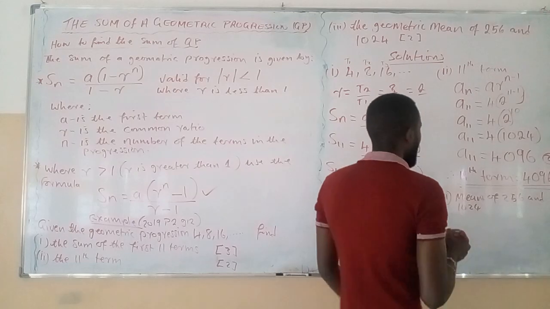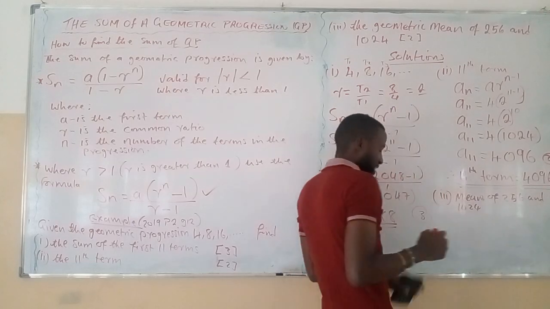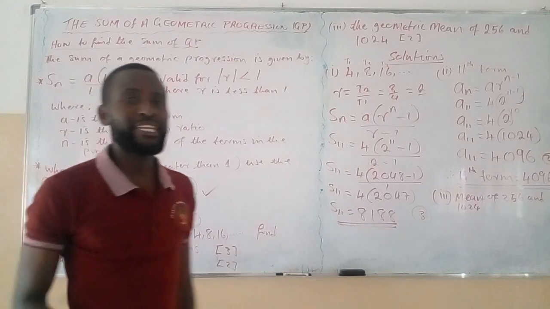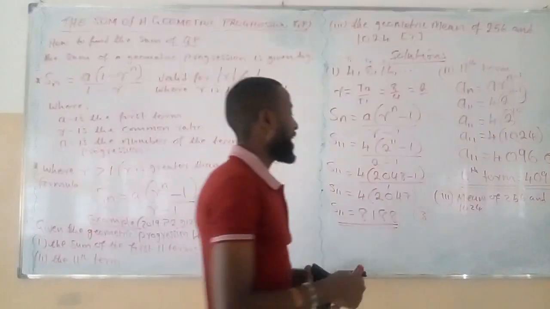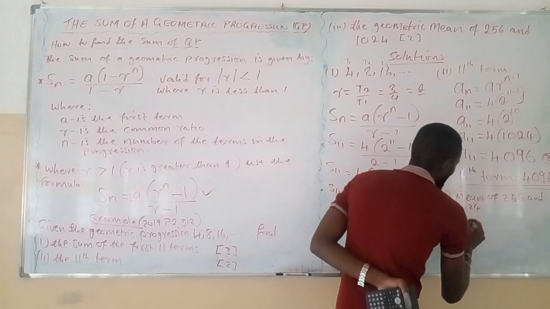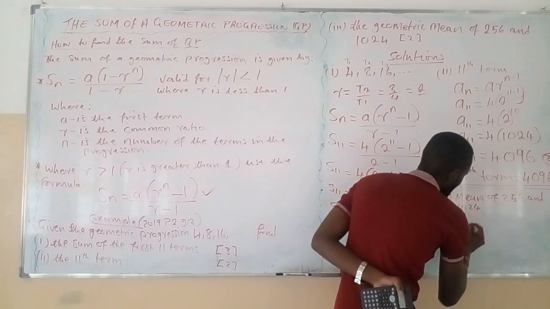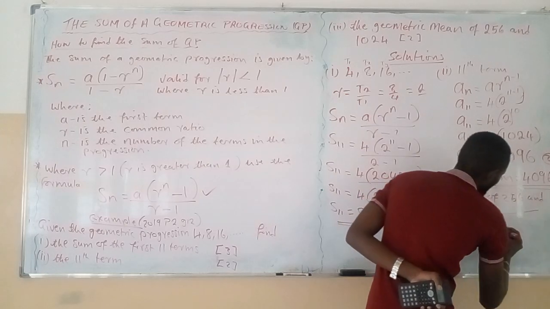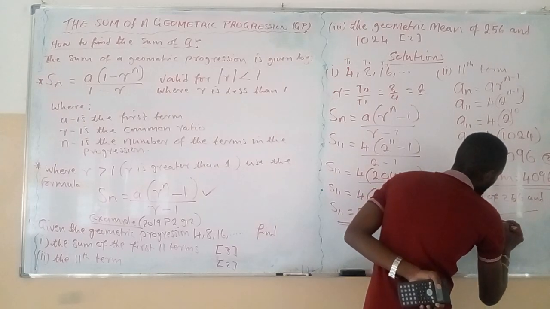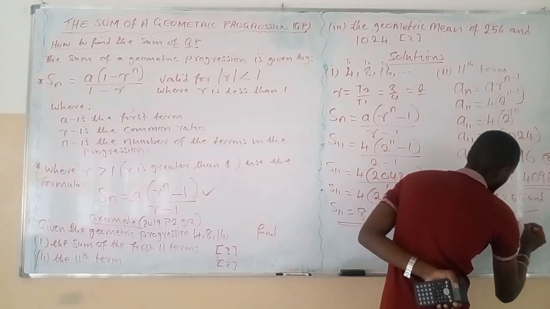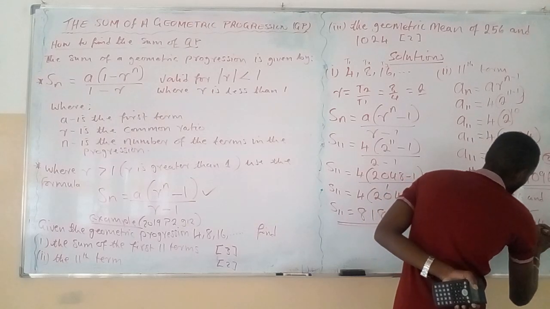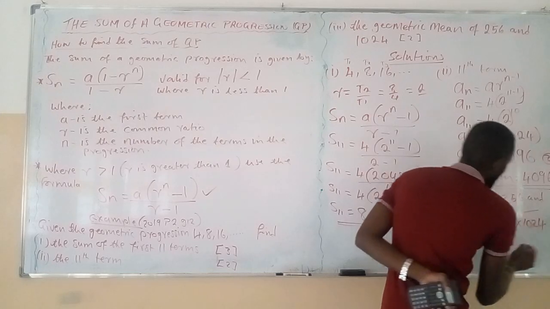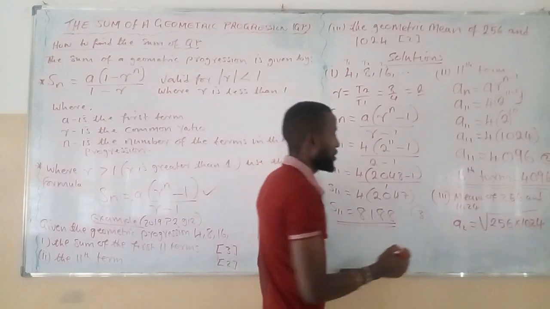Remember, we learned that in order to find the mean, it is simply the square root of the product of the 2 terms. So the mean is going to be the square root of 256 times 124.